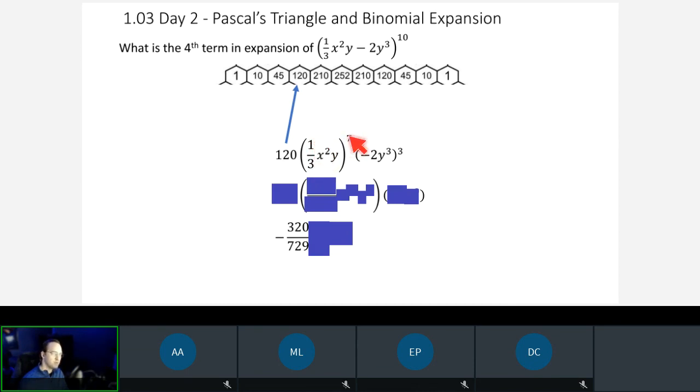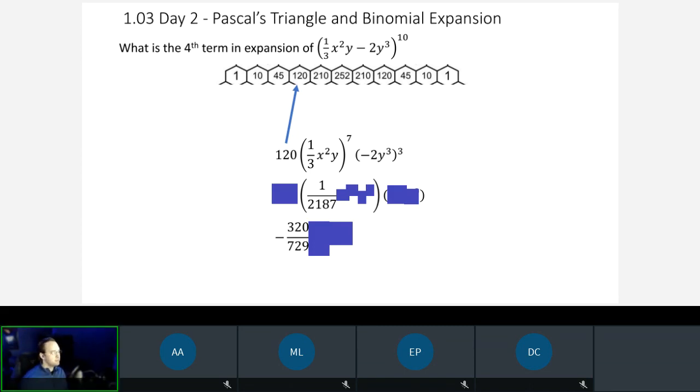Well, what is 1 to the 7th power equal to? 1. Yep. And then 3 to the 7th power is some bigger number, 2187. So if you forgot how to deal with fractions and exponents, there you go.